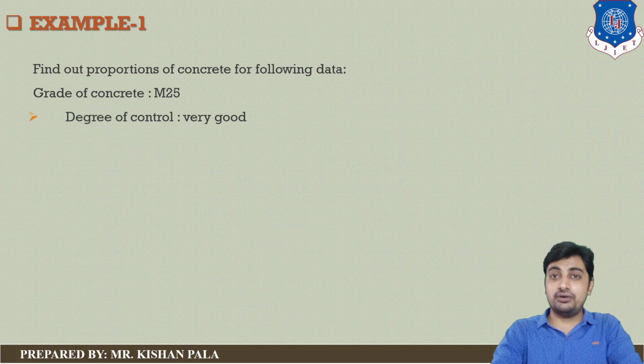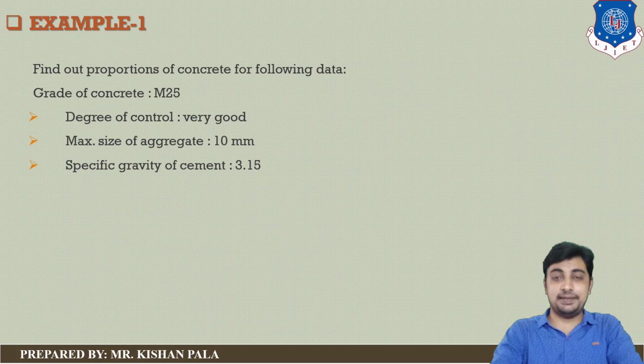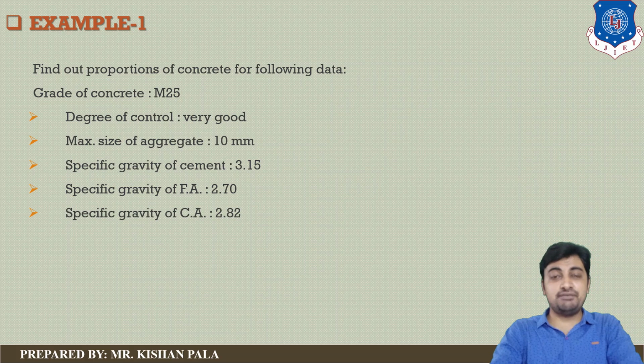And degree of control, which is very good. Maximum size of aggregate is 10 mm. Specific gravity of cement is 3.15. Specific gravity of fine aggregate is 2.70. Specific gravity of coarse aggregate is 2.82.